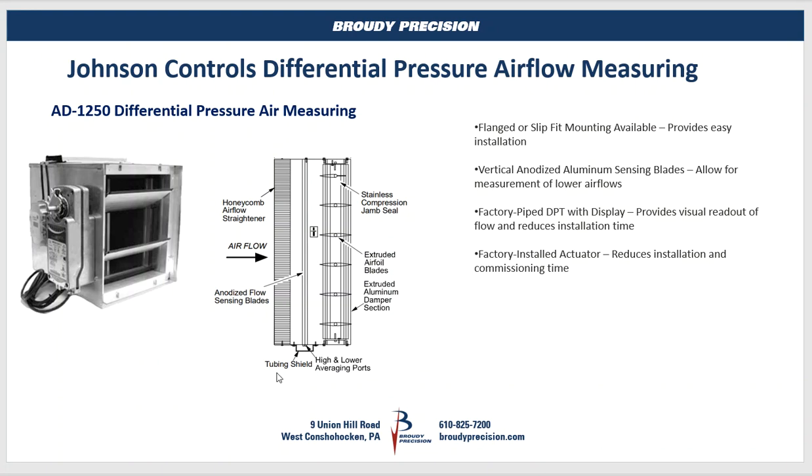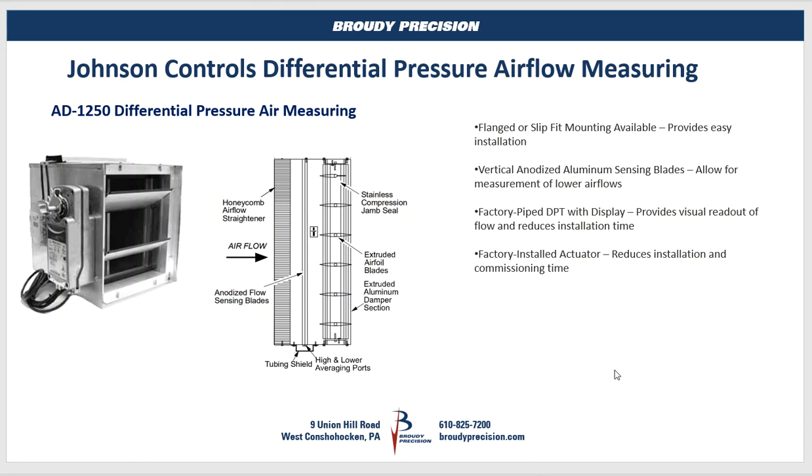It's then sampled through our static and total pressure pickups, which are plugged into our airflow transmitter on the side of the measuring system. It also includes a damper and actuator that will be used to vary the flow based upon a set point.